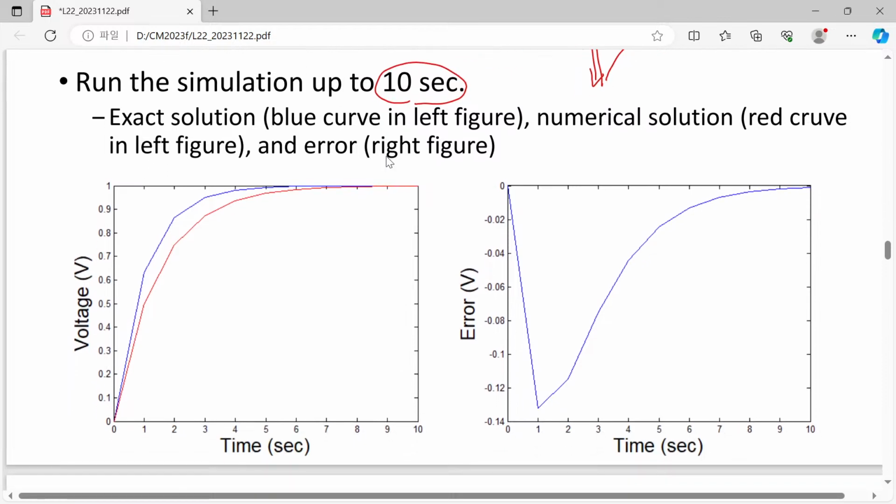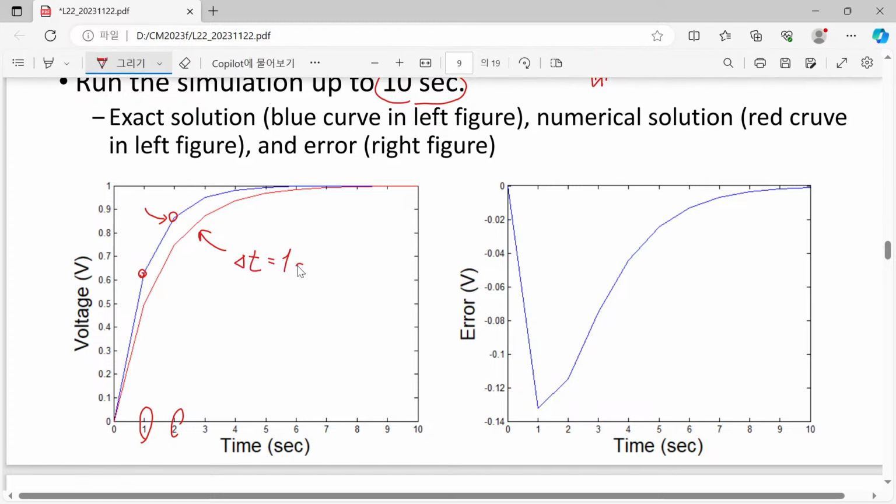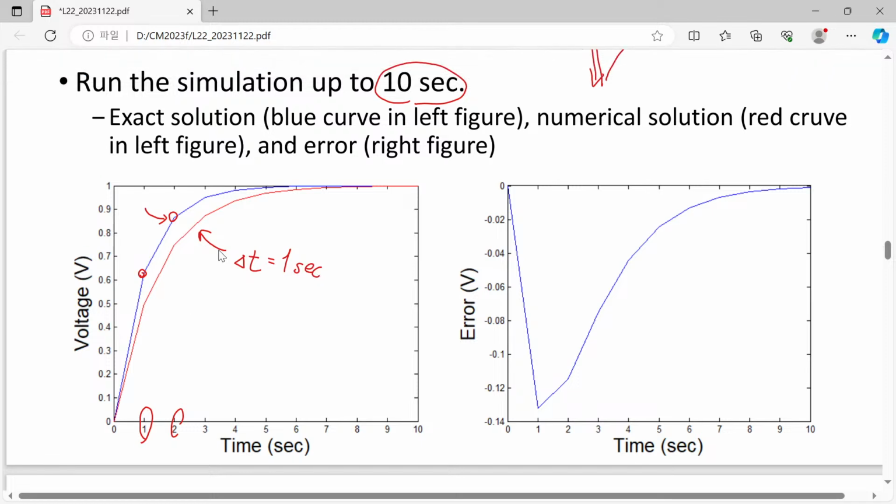So please have a look at this one. The exact analytic solution is drawn as the blue curve. Why do we have this piecewise linear behavior? Because I just drew it at given time instances. So this is actually the analytic solution, a smooth curve. And this red one is the numerical solution obtained with delta t equal to 1 second. So are you happy with this red curve? Certainly not.